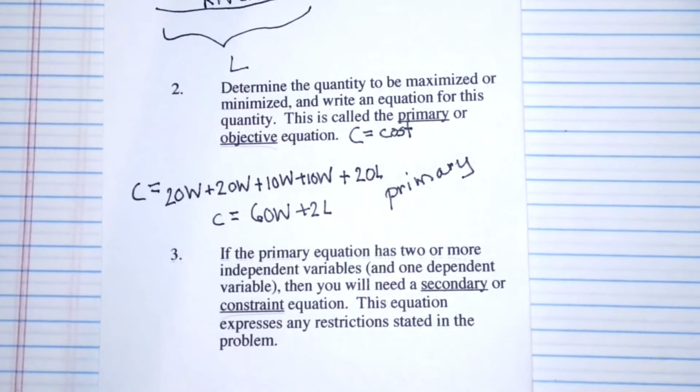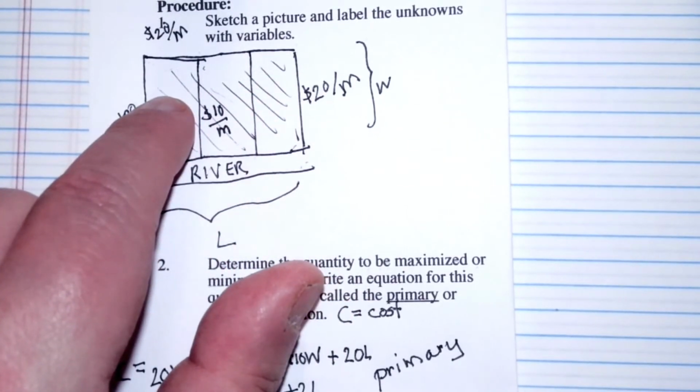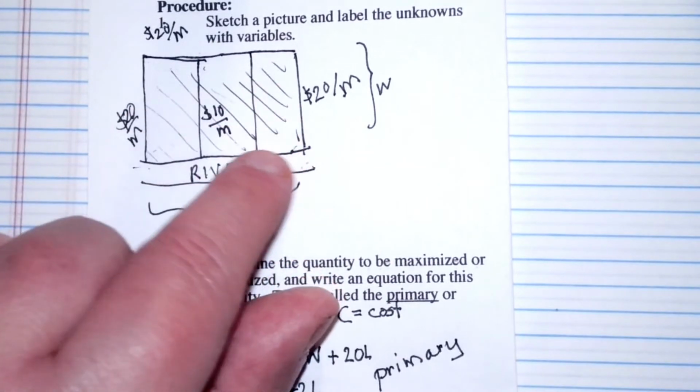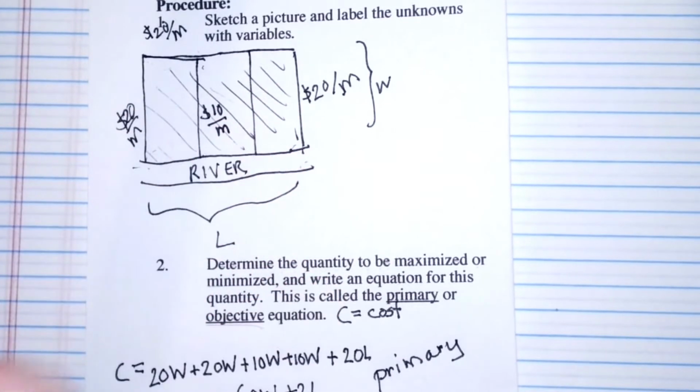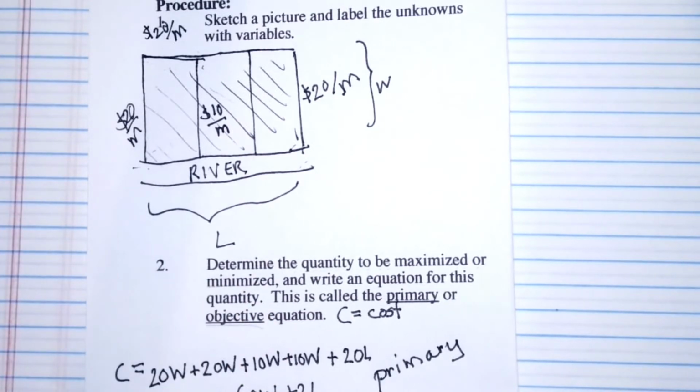Now, what do we mean by a constraint? Well, what we mean is some restriction on the parameters of the problem that keeps us from minimizing all the way to 0. So in our case, we have to maintain an area of 6,000 square meters in this rectangular pen. If we didn't have that constraint in place, we could shrink the length and width to be 0 and have a very inexpensive pen.